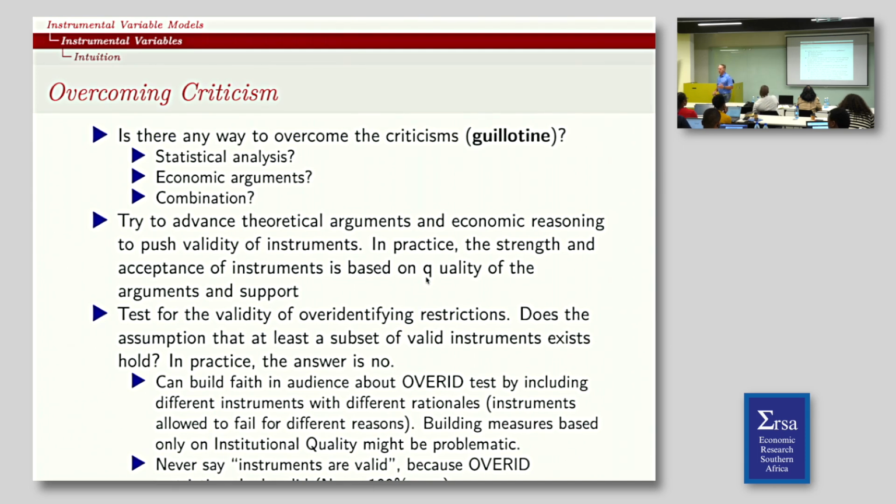And the usual argument is, well, if the two instruments don't give me the same result, then maybe I don't have very good instruments. But that's actually not true, because there's a slightly different development that argues that the IVs you use, if you have different IVs, are probably doing something slightly different.